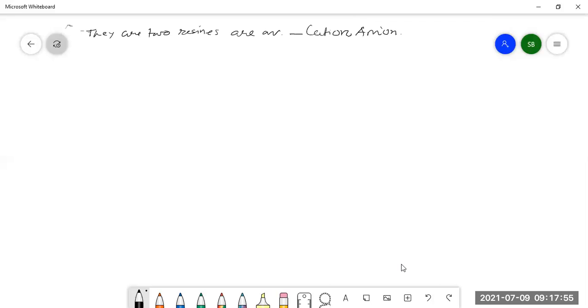Cation resin is the hydrogen zeolite, where the hydrogen ion is exchanged for the cations of calcium, magnesium, and sodium.